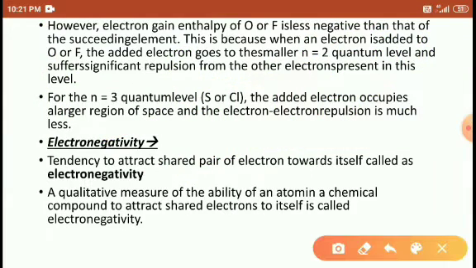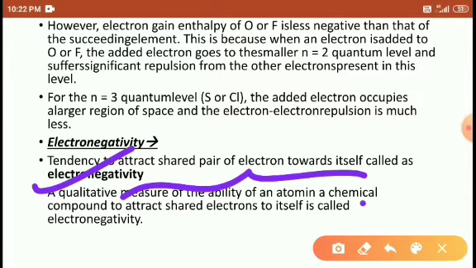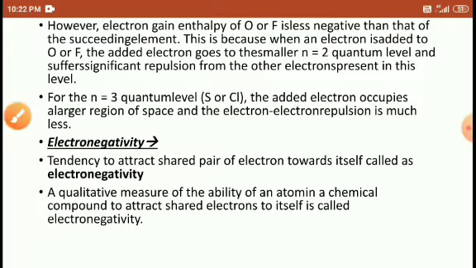Right students? Okay. So this is another definition: electronegativity is the qualitative measure of the ability of an atom in a chemical bond to attract the shared pair of electrons towards itself. A chemical bond means the bond present between two species.